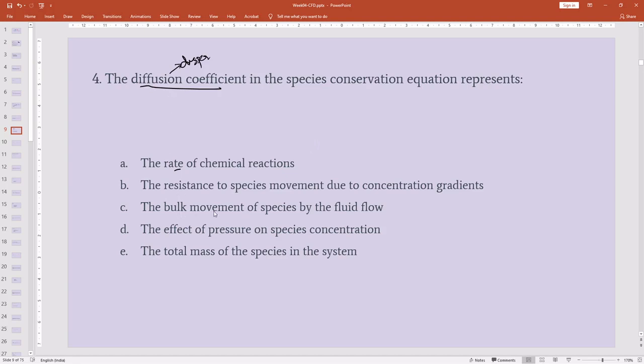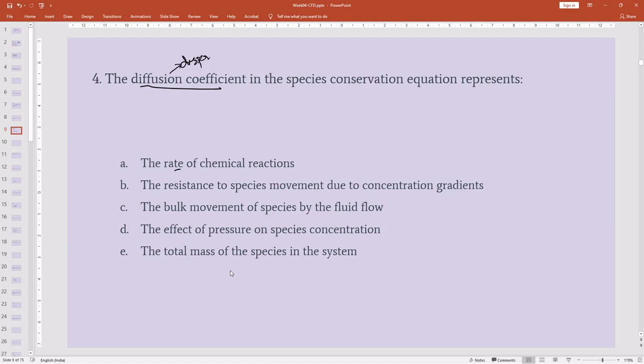Bulk movement is handled by the advection term. Effect of pressure, we have already seen that pressure doesn't have much effect on species concentration, and the total mass of the species in the system is entirely handled by a different equation.